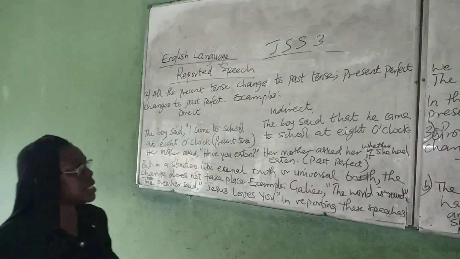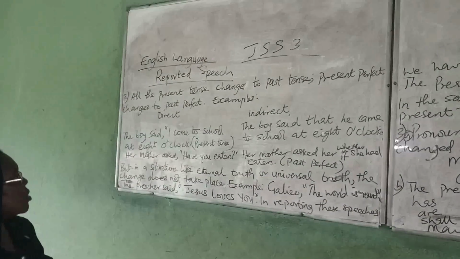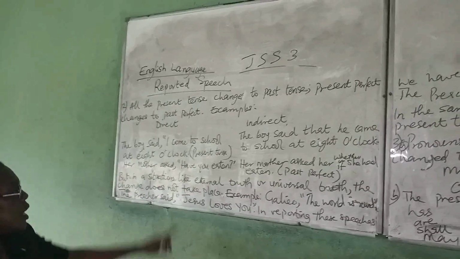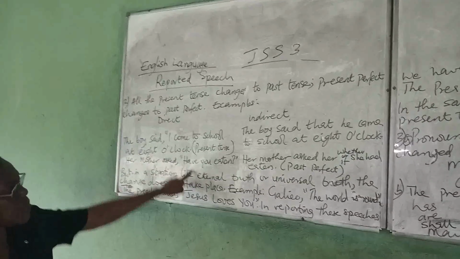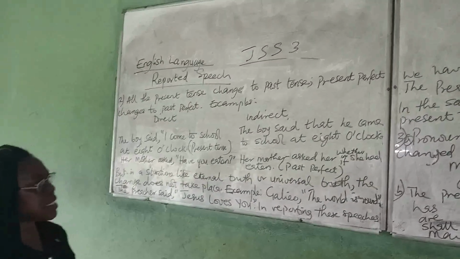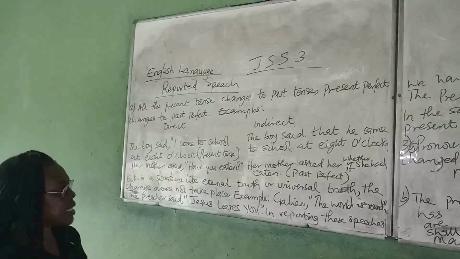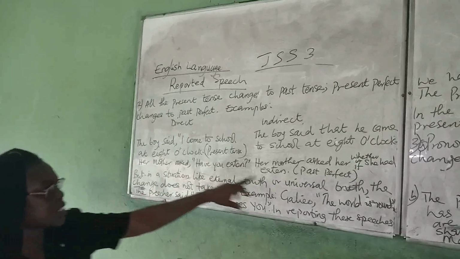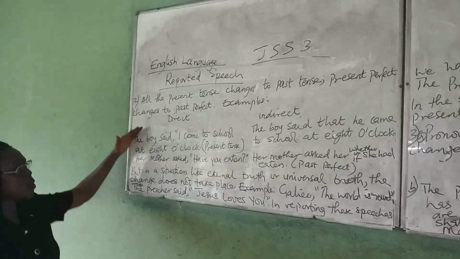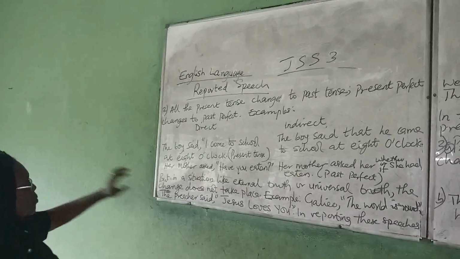Reporting this as indirect: the boy said that he came to school at 8 o'clock. Her mother asked, "Have you eaten?" "Have" now is in the present perfect. You now have: her mother asked her whether she had eaten, or asked her if she had eaten. So "have" here has changed to "had." There are other changes. We will come to them later, where we have detailed illustrations.